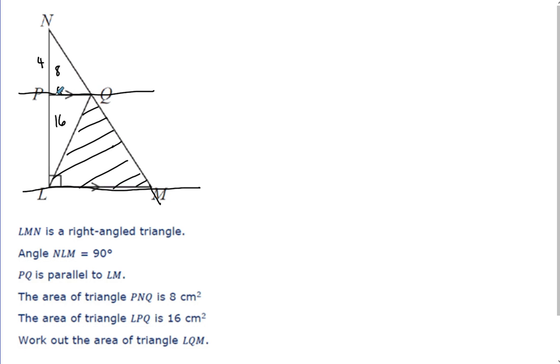And here it would be 4 times 8, because 4 times 8 is 32, and we halve it, we get 16. So can you tell we've got 4 there? And then the height of the big triangle would be the 4 and the 8, which would be 12. So the scale factor of your length would be 12 divided by 4, which is 3.